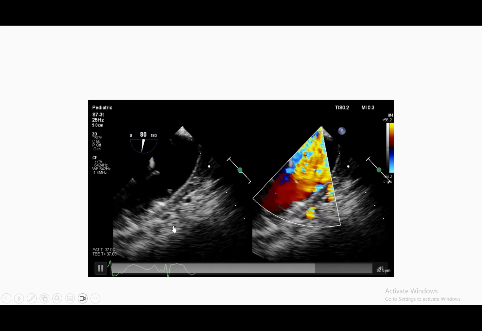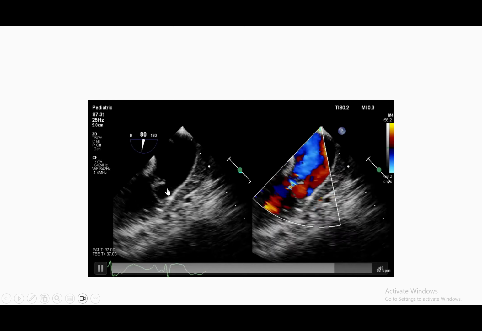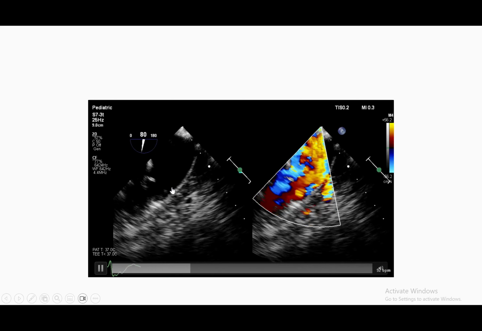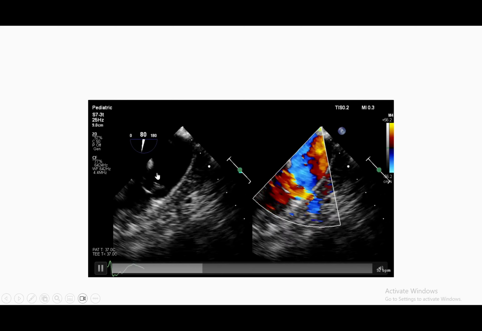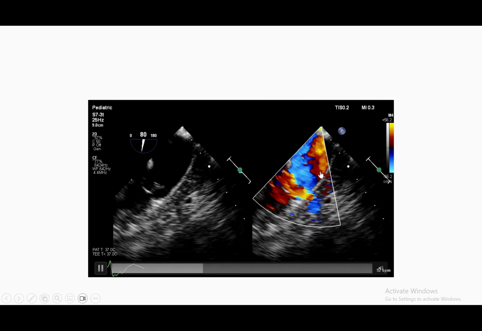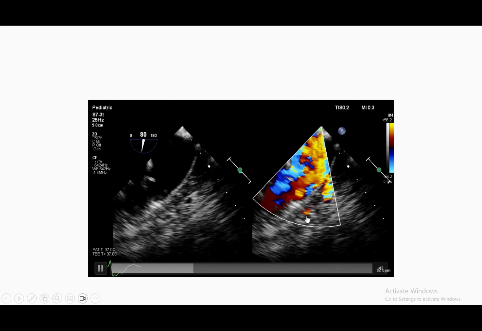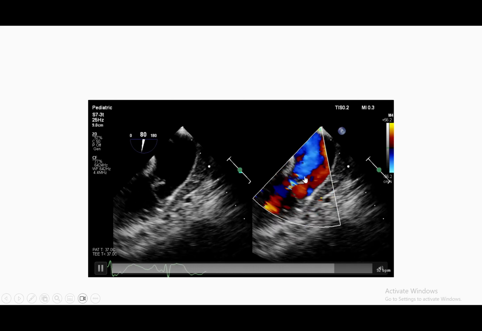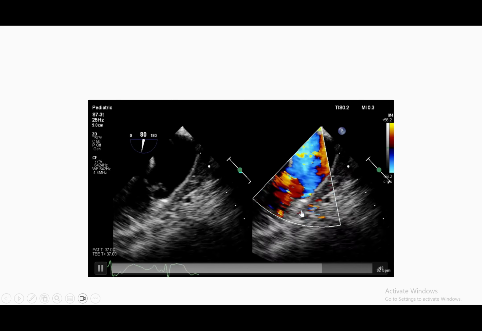They are not dysplastic or thickened, but apparently they are fused. So there is resistance to flow at the pulmonary valve orifice. This case may be treated with Hegar dilatation or commissurotomy without patches.